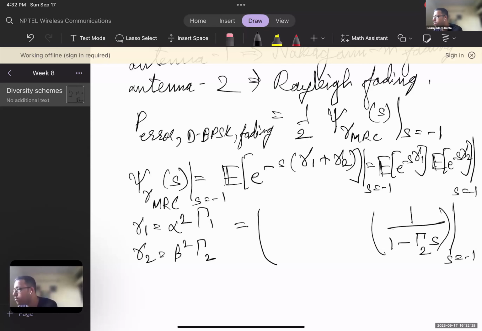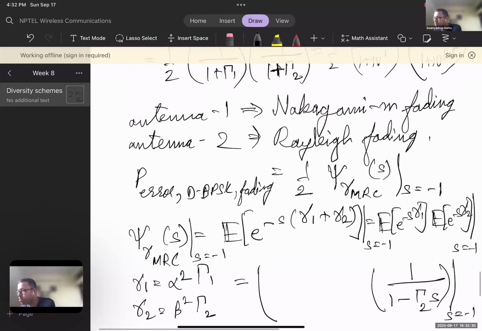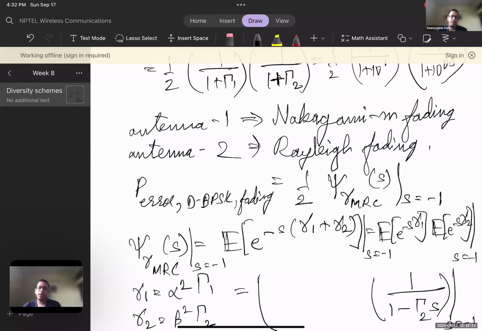For the first part, for Nakagami m, for any general value of m, this is also derived in the lecture, and I don't think there is time for me to go over the derivation. So this is the formula actually.